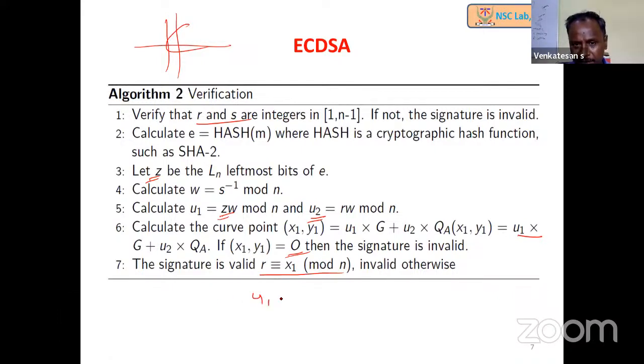We can write it like this: U1 into G plus U2 into QA.